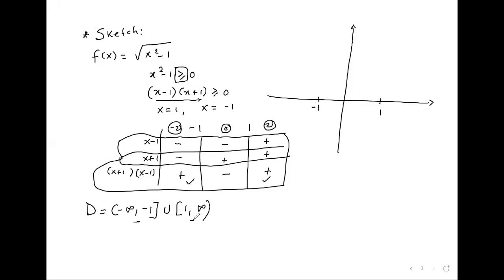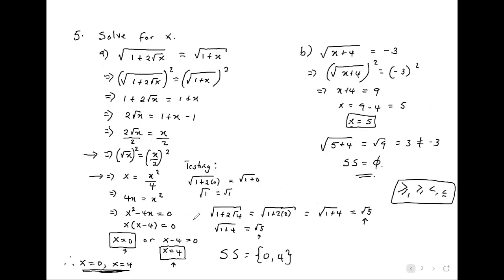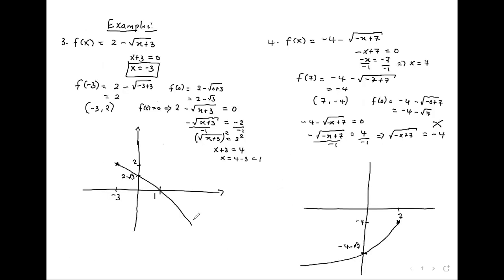The reason why you are using greater or equal to here, whereas in those other questions we were not using greater or equal to, is that those were just linear.